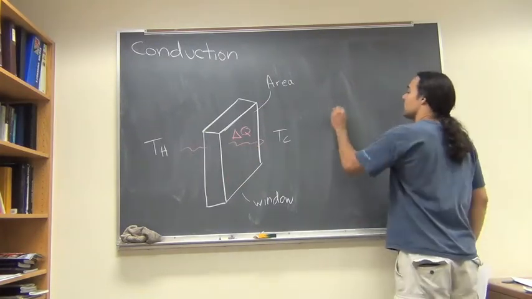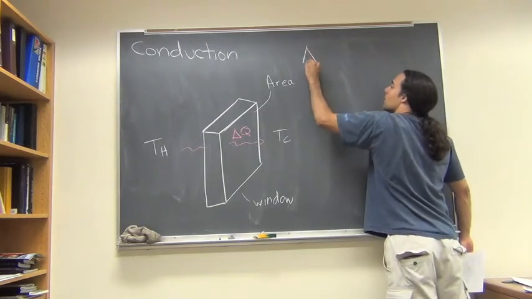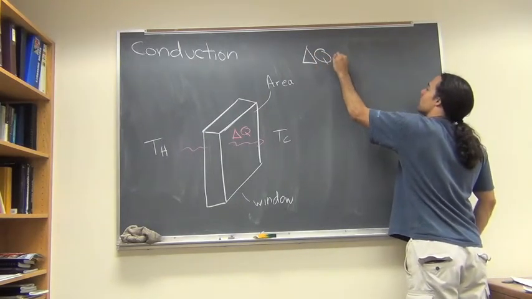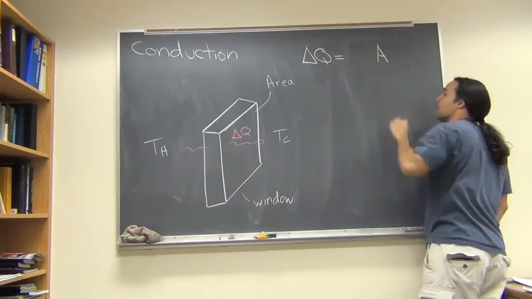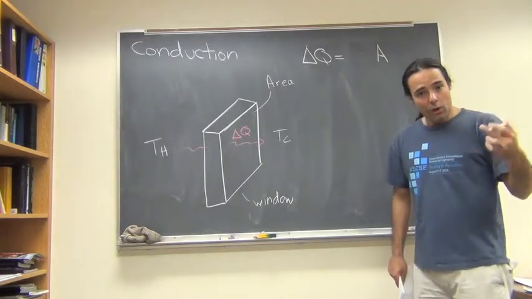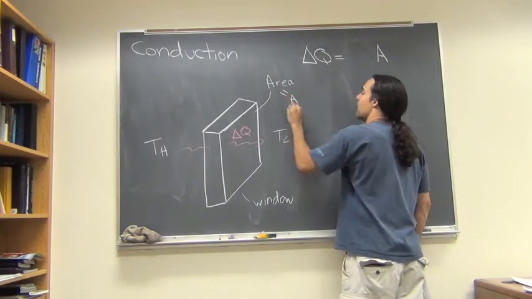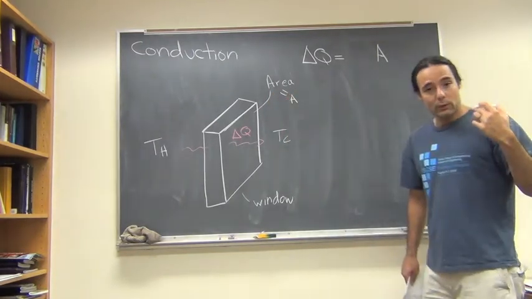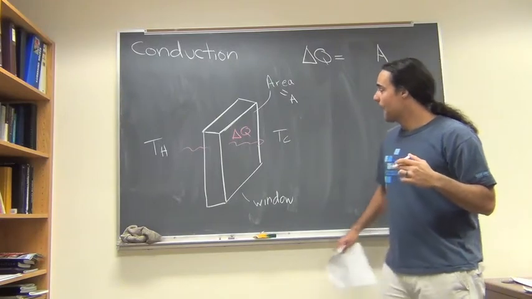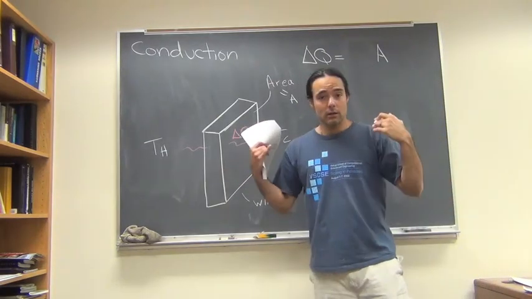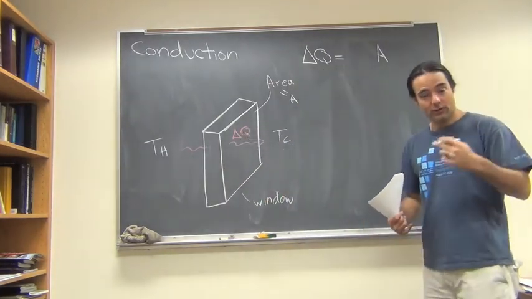So if I'm looking for how much heat is going to pass through, we would expect it's going to depend on the area. Also, call that area A.